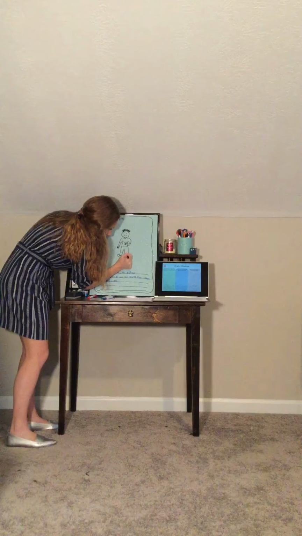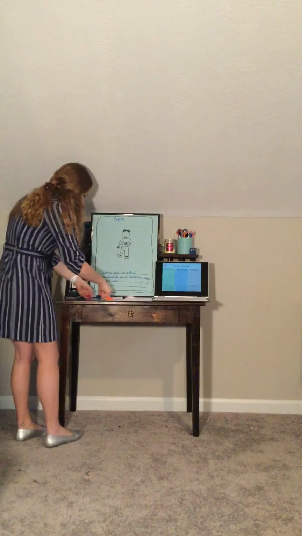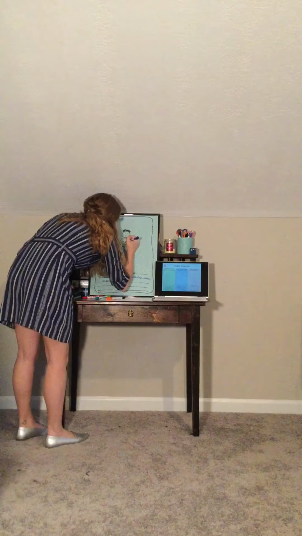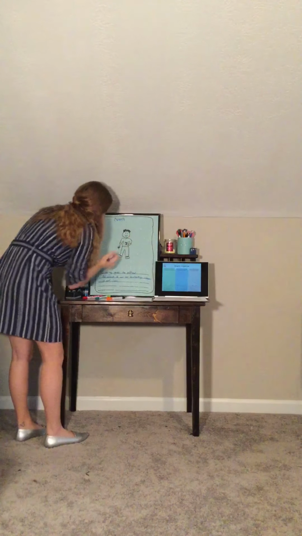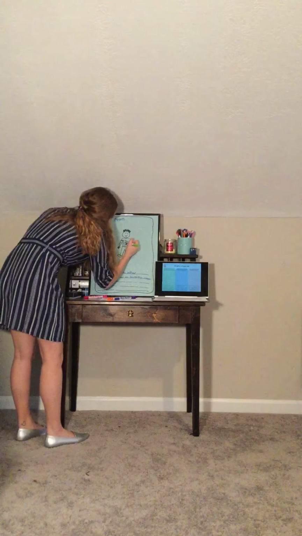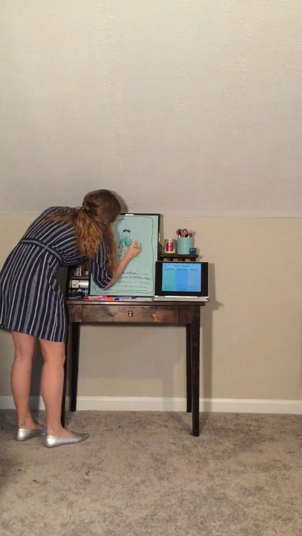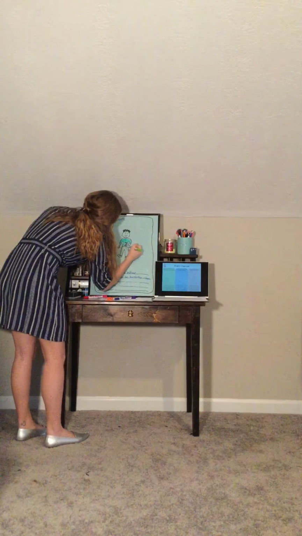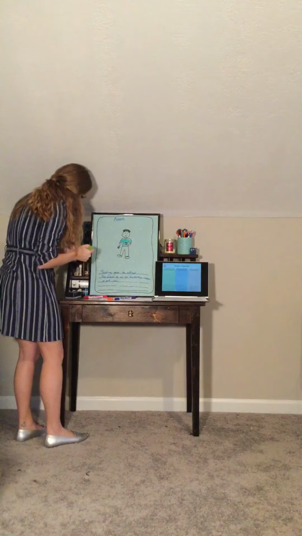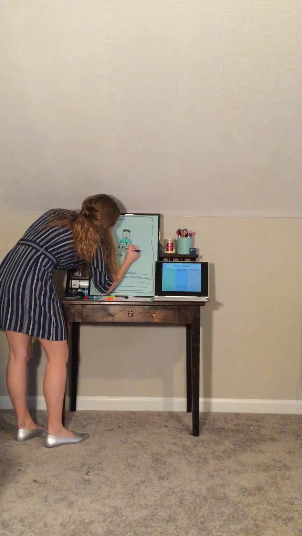He's got some big feet here. All right. So there's Tommy, and this is his box of crayons. Give it some color there. And you can make his shirt green. You can make his pants blue.